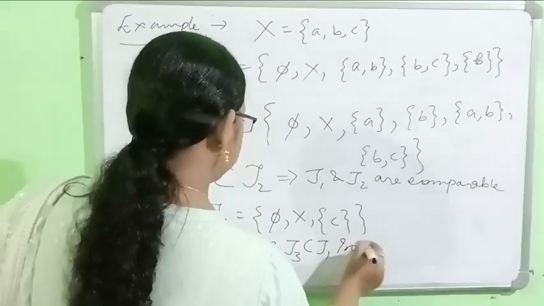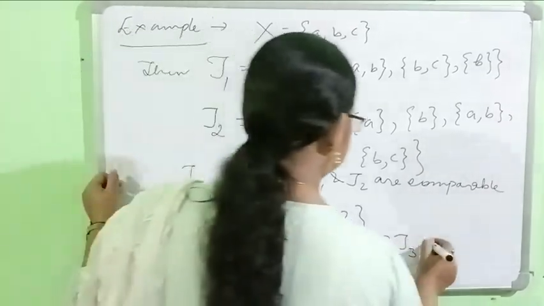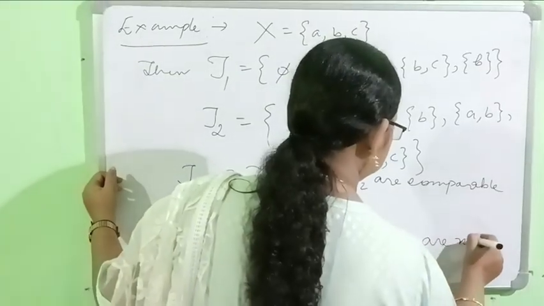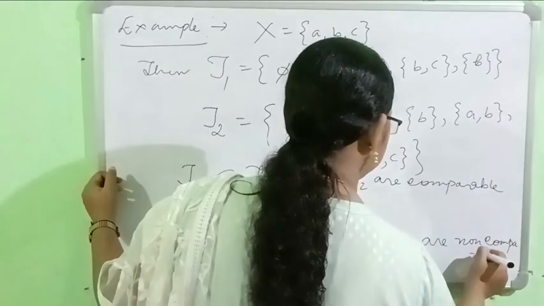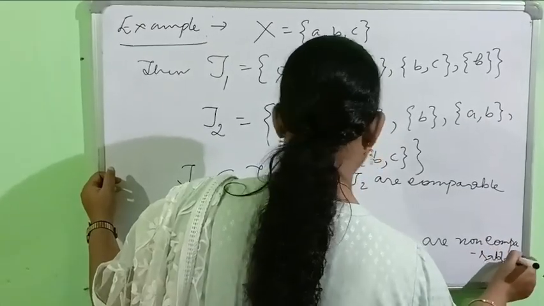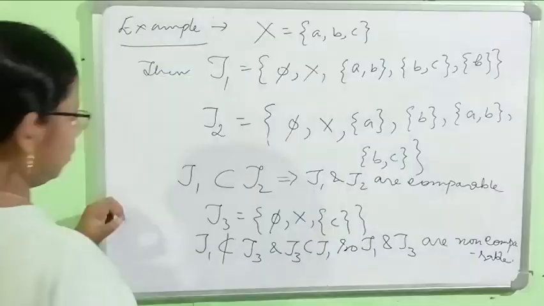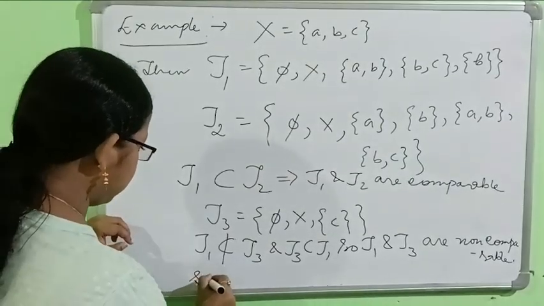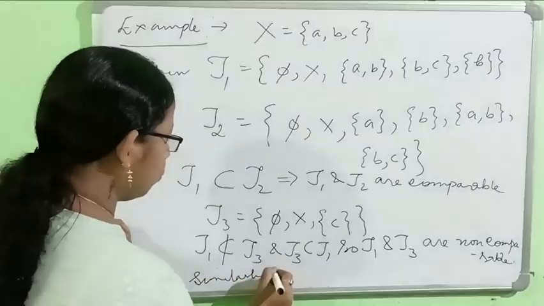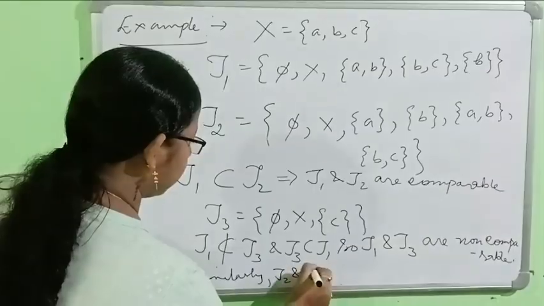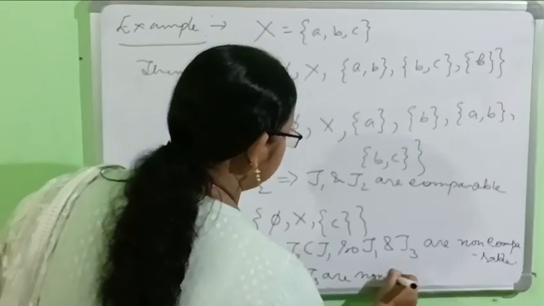So T1 and T3 are non-comparable topologies. Similarly, one can easily check that T2 and T3 are non-comparable topologies.